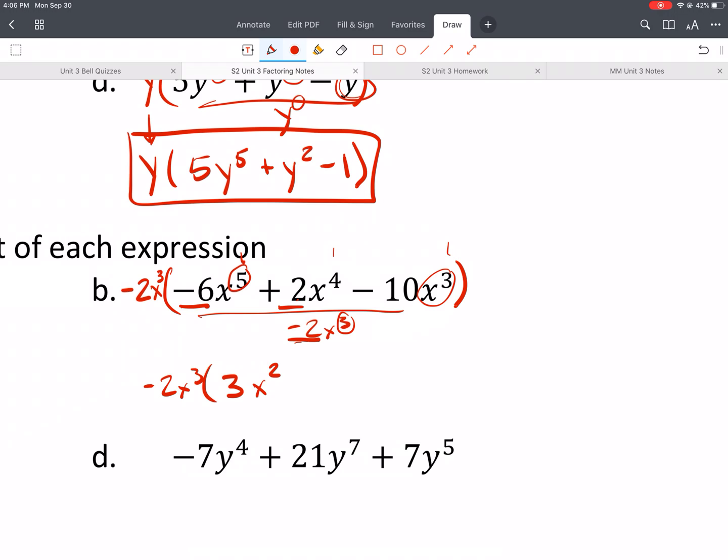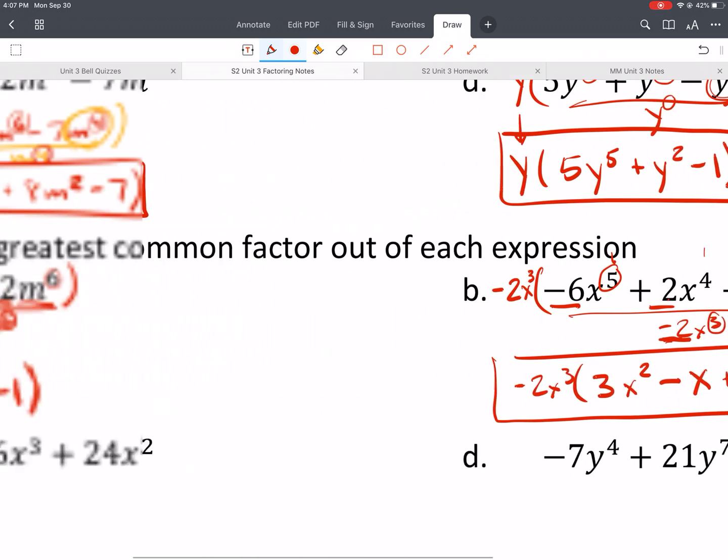Positive 2 divided by negative 2 gives us a negative 1. And x to the 4th over x to the 3rd gives us x. And then negative 10 divided by negative 2 gives us a positive 5. And x to the 3rd over x to the 3rd cancels out and leaves us with a 1. So 5 times 1 is just 5.